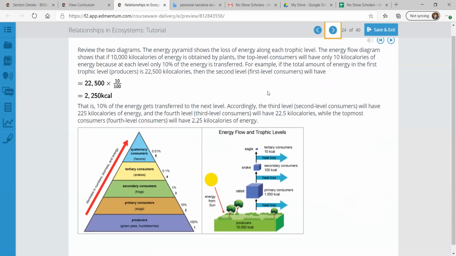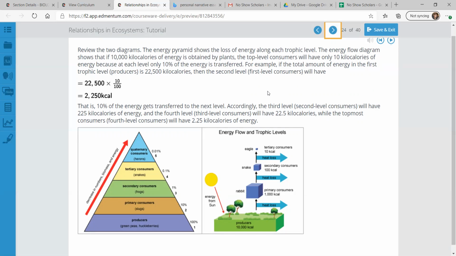Review the two diagrams. The energy pyramid shows the loss of energy along each trophic level. The energy flow diagram shows that if 10,000 kilocalories of energy is obtained by plants, the top level consumers will have only 10 kilocalories of energy because at each level, only 10% of the energy is transferred.